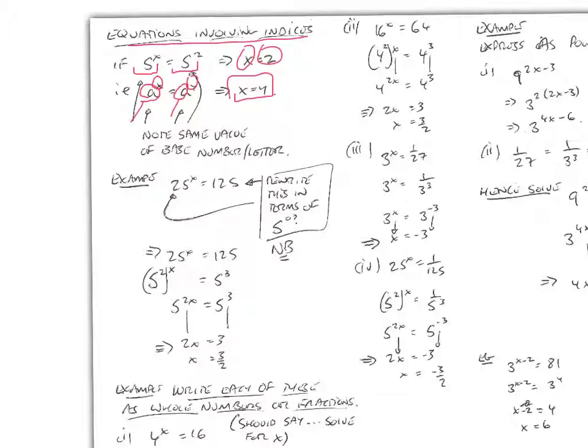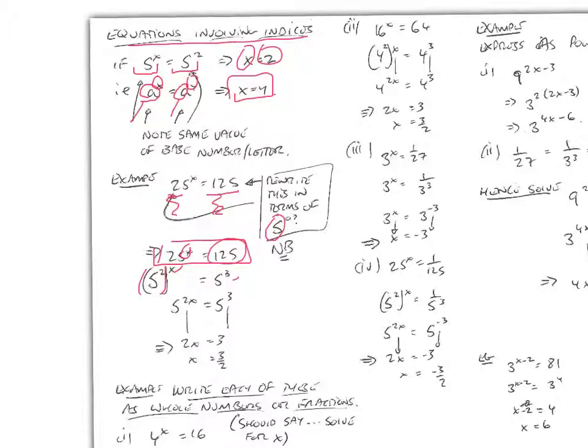So let's try 25 to the x equals 125. Let's solve for x. What we need to do is write both sides to have the same base number, and in this case it would be in terms of 5. So 25 in terms of 5 is 5 squared, all to the x, and 125 in terms of 5 is 5 cubed.